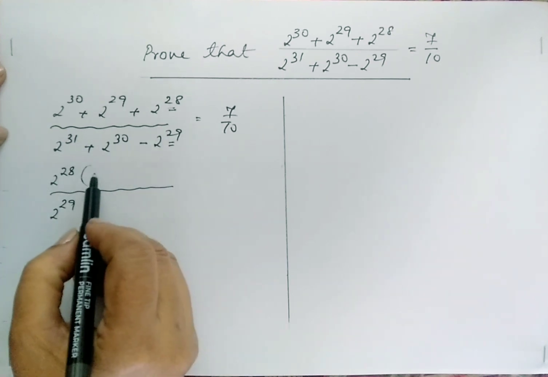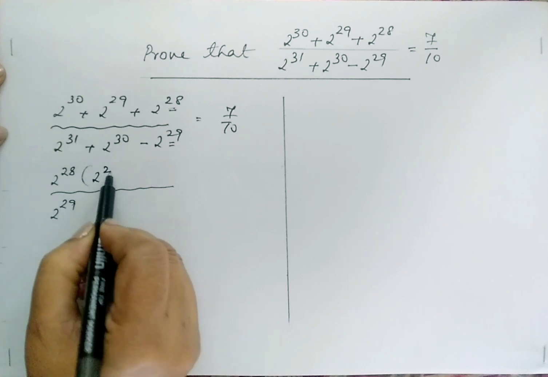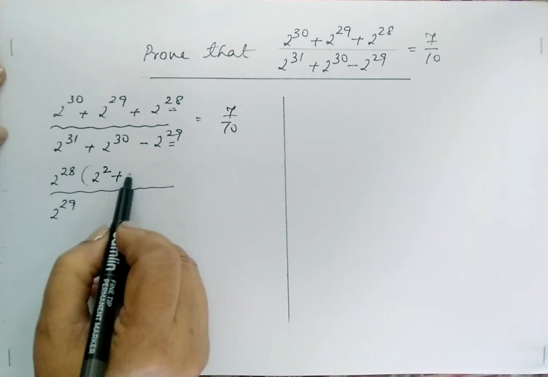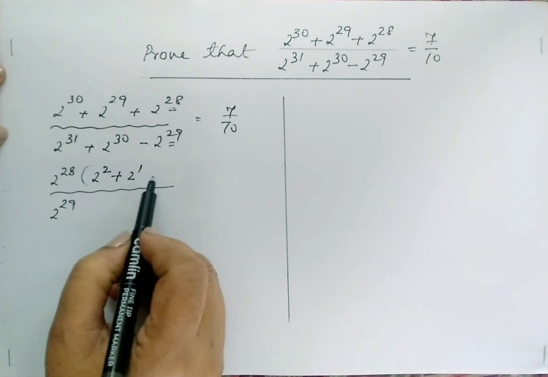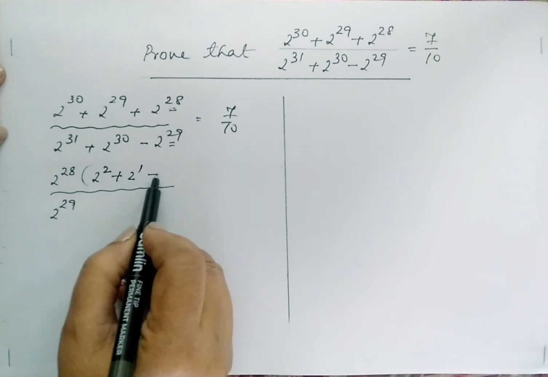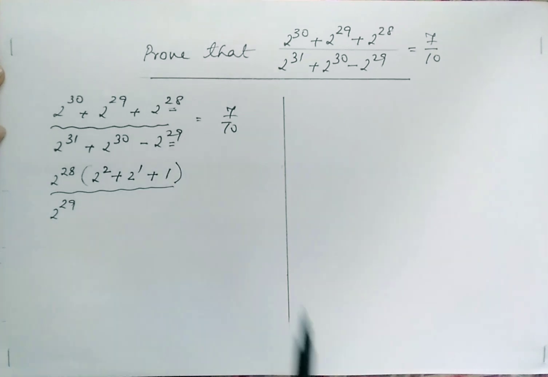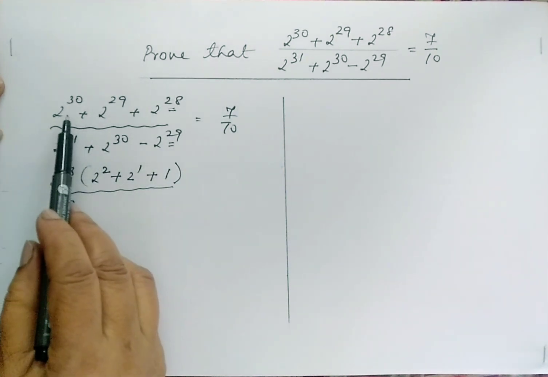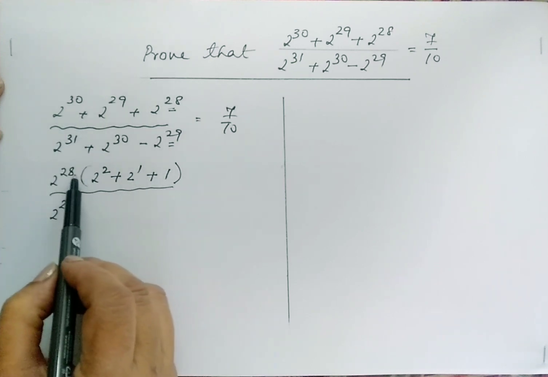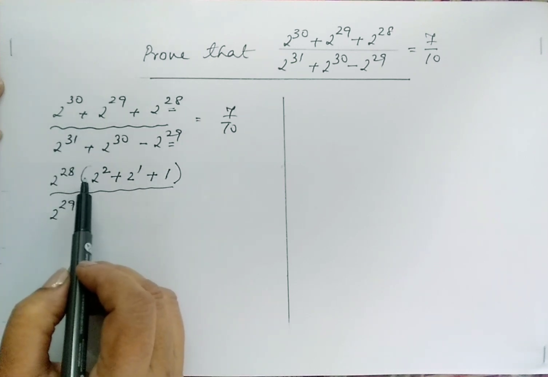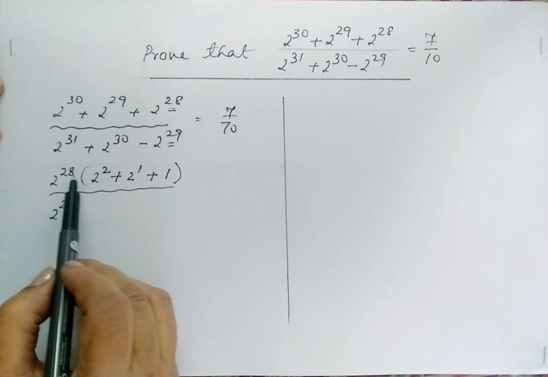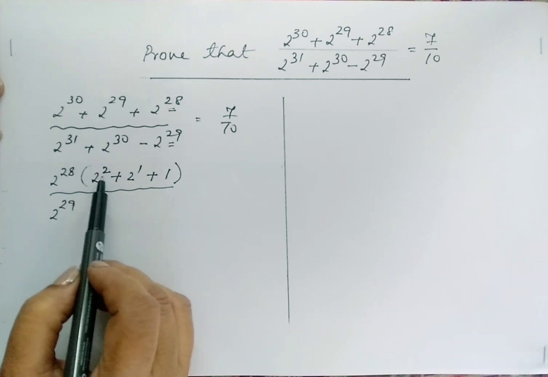So taking this as common, we get 2 to the power 2, which is 2 square, plus 2 having a power of 1, and here 1 itself, because this multiplied by this will give you this, because in exponential rules we know that when the bases are same we add up the powers.